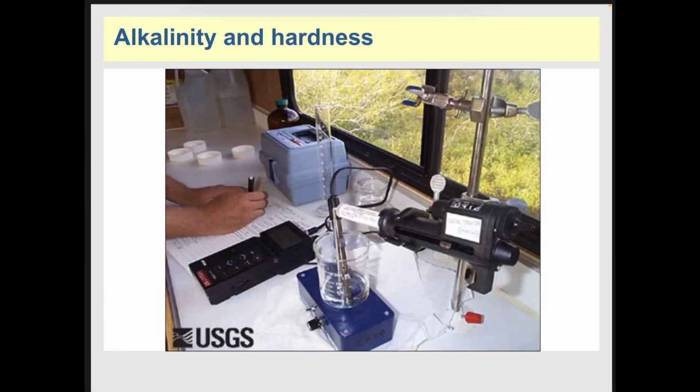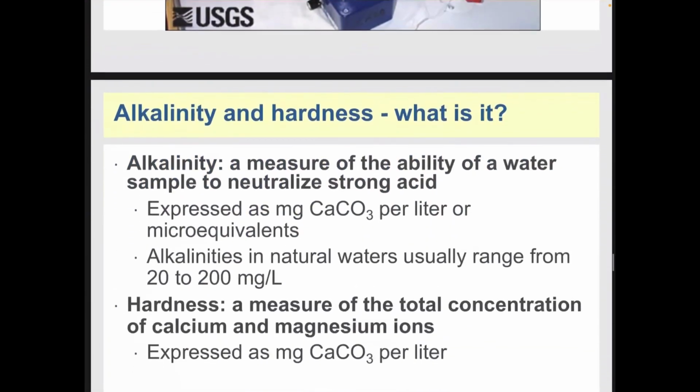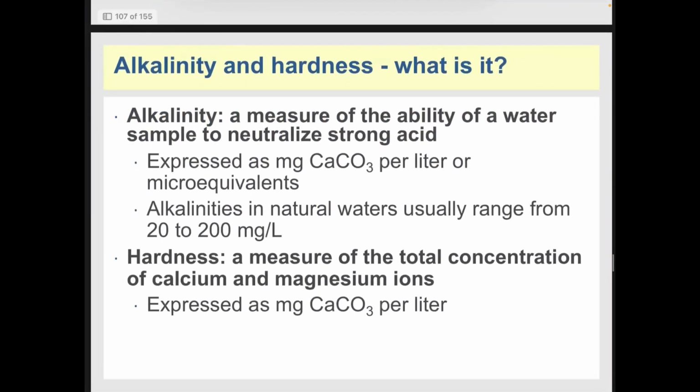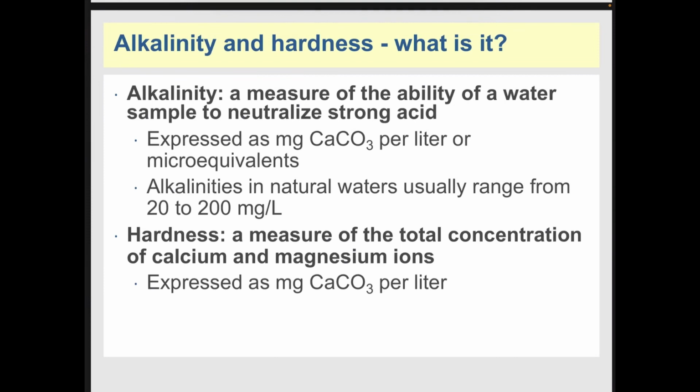Now let's move on to alkalinity and hardness. What is alkalinity or hardness? Alkalinity is a measure of the ability of a water sample to neutralize a strong acid. It is expressed as milligrams of calcium carbonate per liter or microequivalents. Alkalinities in natural waters usually range from 20 to 200 milligrams per liter.